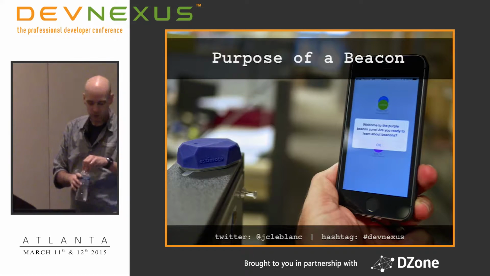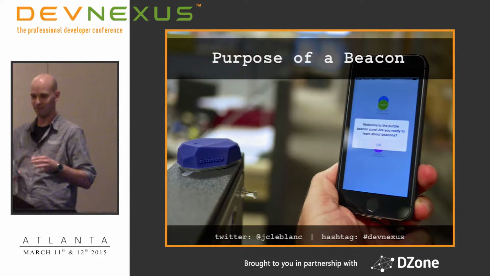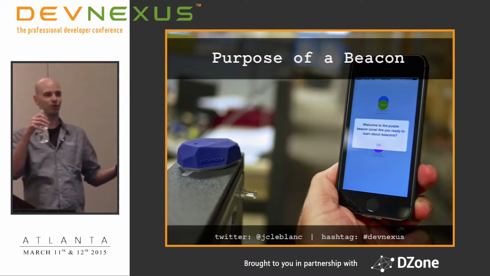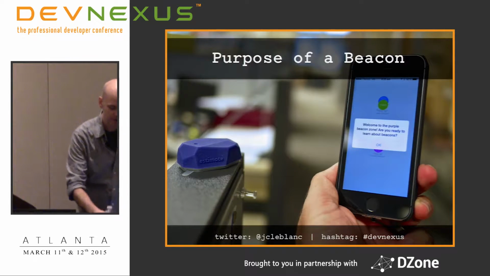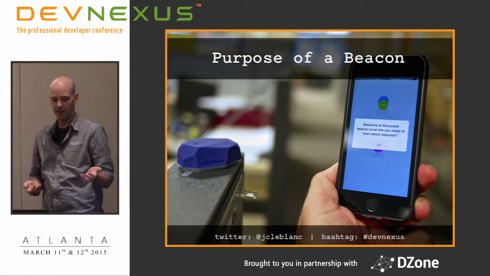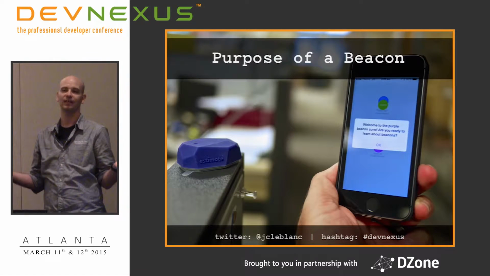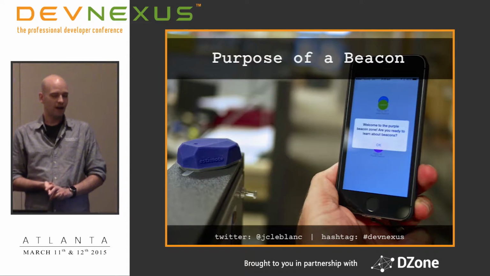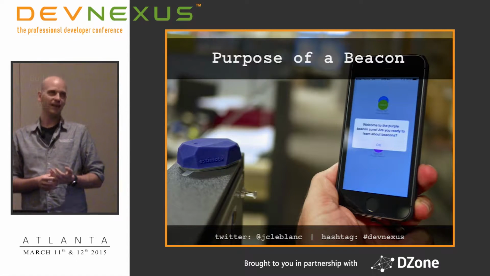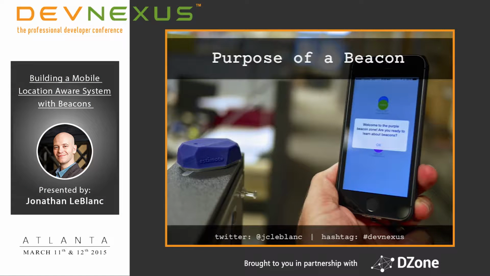For those of you who aren't familiar with beacons, the first obvious question is, what is the purpose of it in the first place? Well, think of it in this way. We're all familiar with social check-in technology. You broadcast out the location that you're actually in. This is both like that and completely different, because that's just about saying, hey, I'm here.